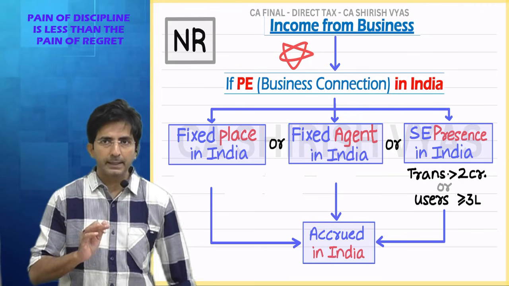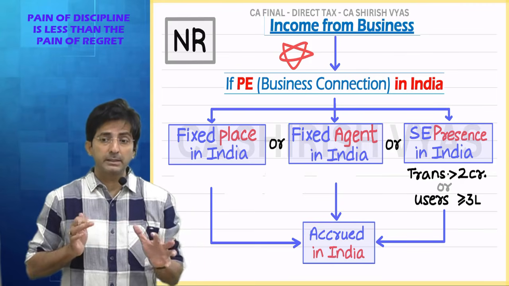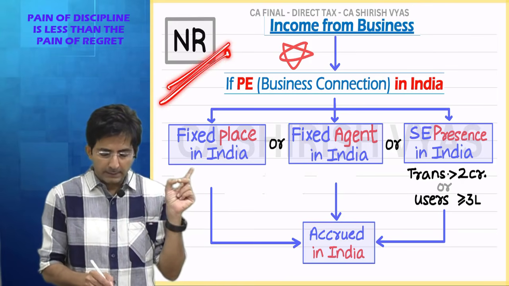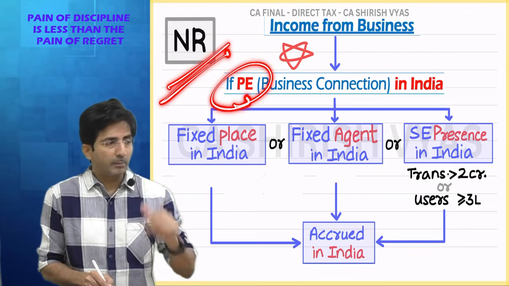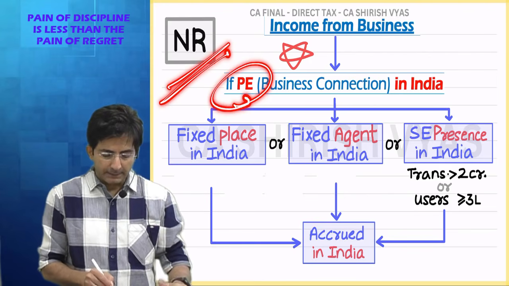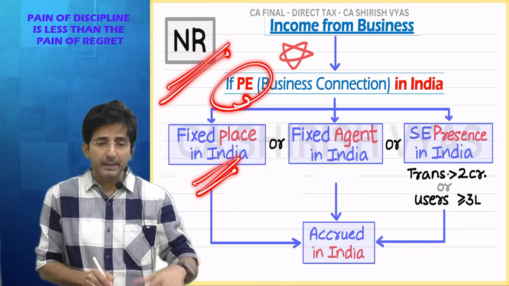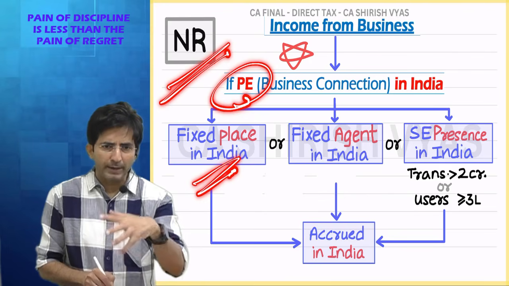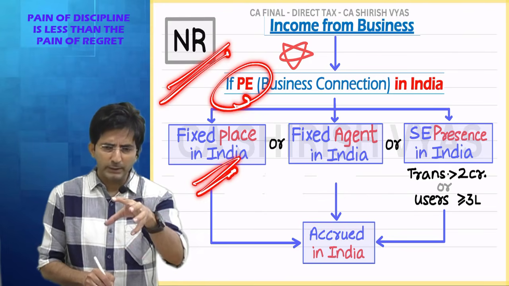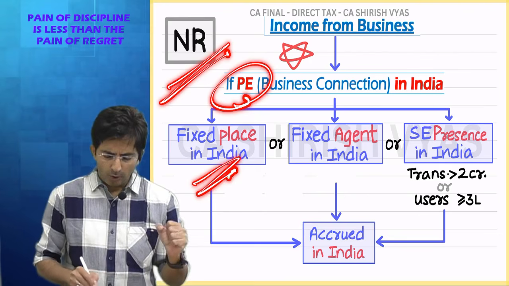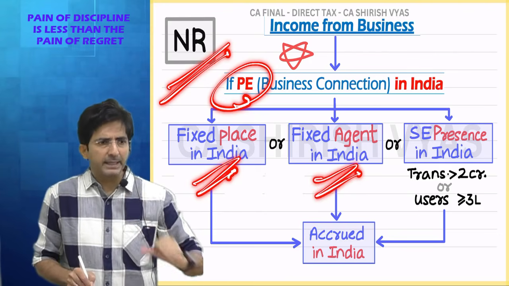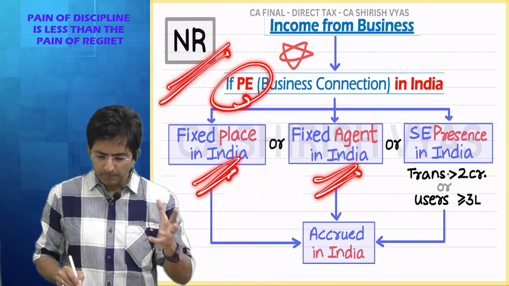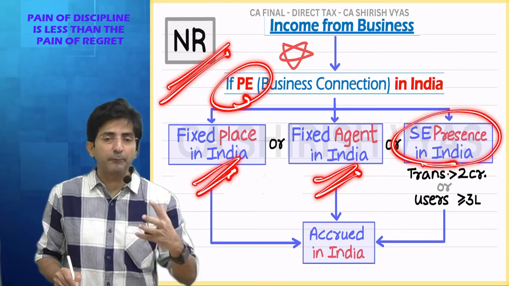So tell me once again, when PGBP income is said to accrue in India, if the non-resident has a permanent establishment in India, means either he should have a fixed place in India, whether it is an office, shop, branch, godown, warehouse, whatever you call, having a fixed location in India, or having a fixed agent in India, or if no place or no agent, their presence in India should be significant.